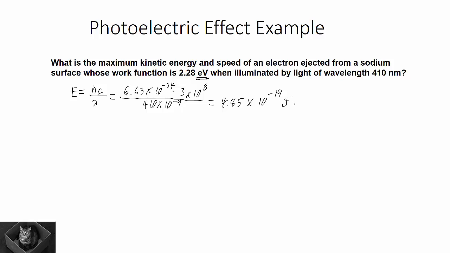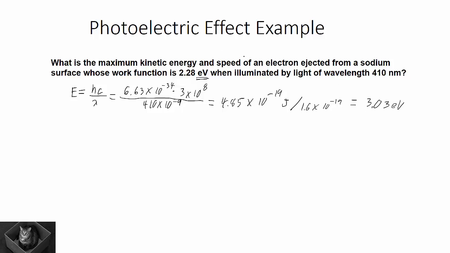And here, if we want to go from joules to electron volts, we can divide by 1.6 times 10 to the negative 19th, and this works out to be 3.03 electron volts.